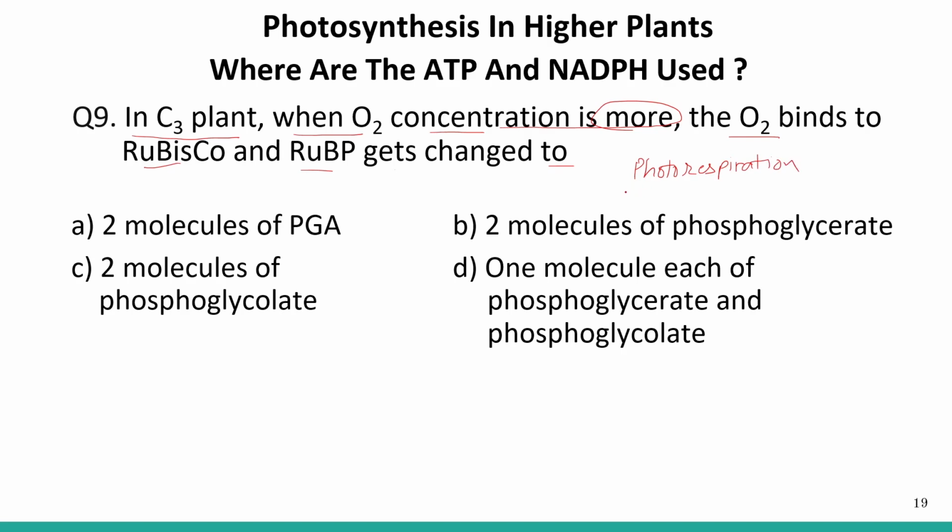Photorespiration takes place when there is a high level of oxygen, or you can say a high oxygen to carbon dioxide ratio. It also takes place during high temperature or high light intensity.